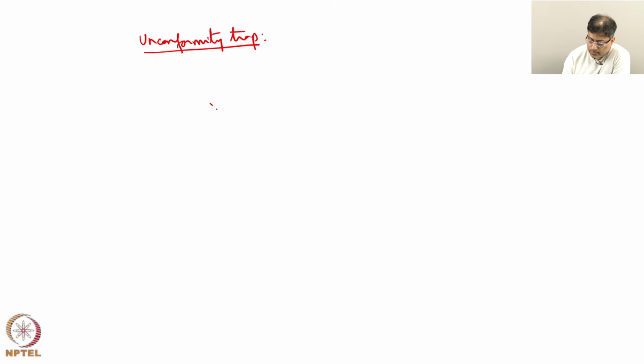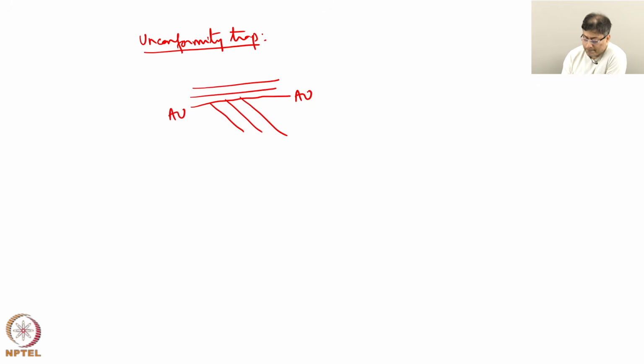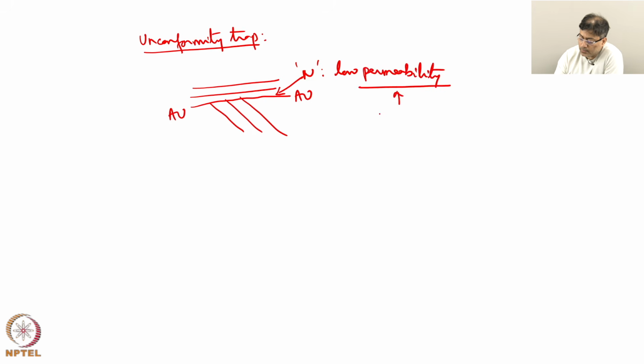Let us consider an angular unconformity. Imagine over the angular unconformity, this layer N has low permeability. What is permeability? Just to recollect, it is the ease of fluid flow through a medium.